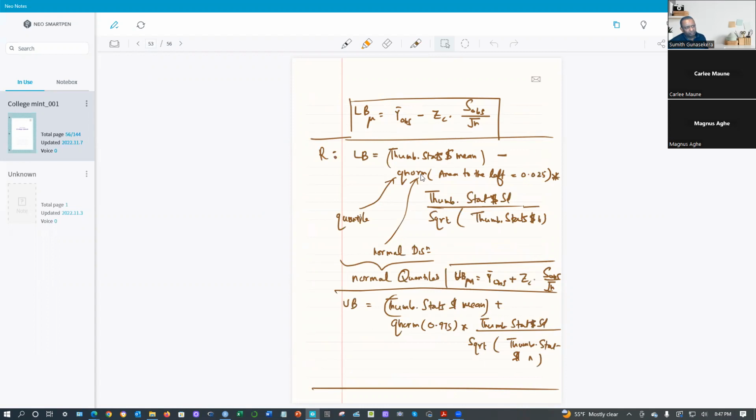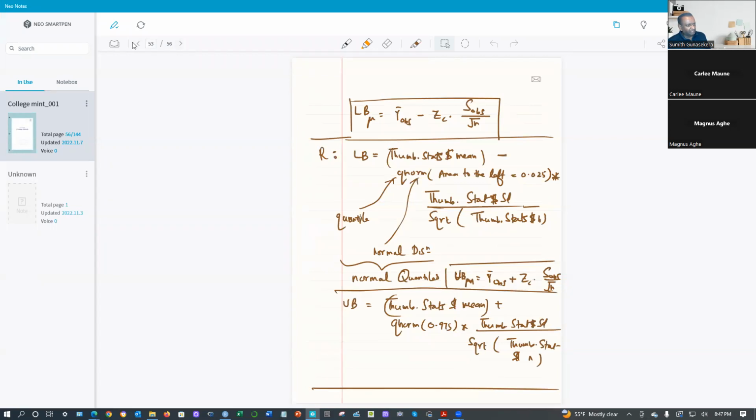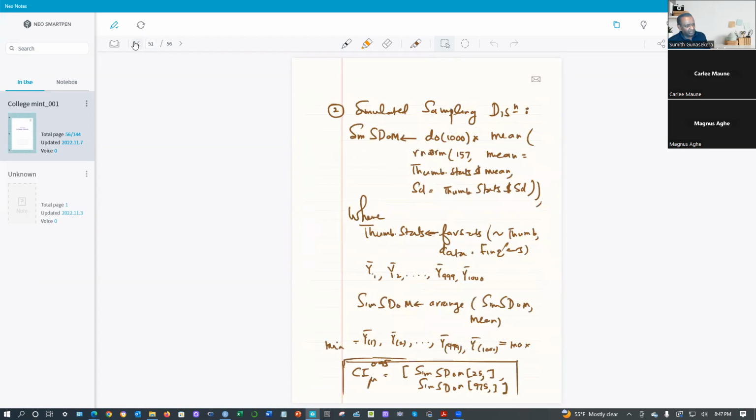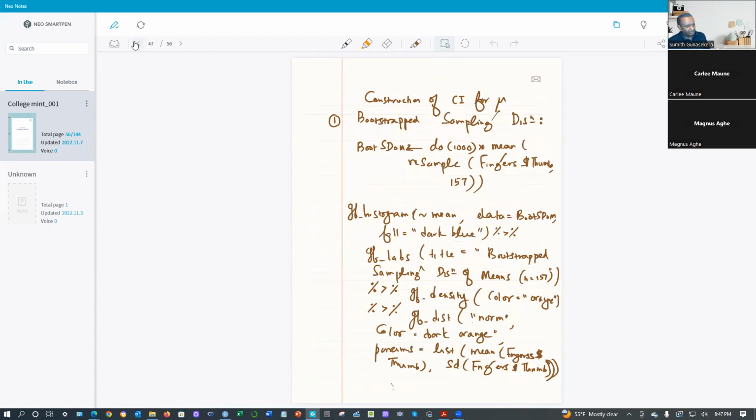Go to qnorm, or by convention, if it is 95%, we have a table. I gave a table. You don't have to write qnorm. I gave the standard values the other day.